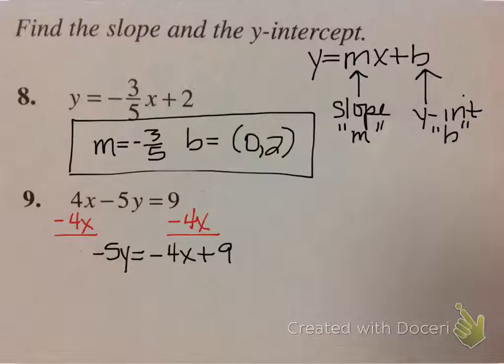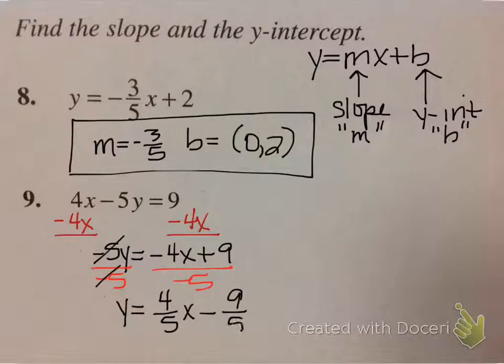And now I need to get y by itself, so I only need to move the negative 5. Since it's a multiplication, I'm going to divide by negative 5. And that's going to leave me, because the negative 5's cancel, y equals negative 4 over negative 5 is a positive 4/5 x, and 9 over negative 5 we could say is a negative 9/5.